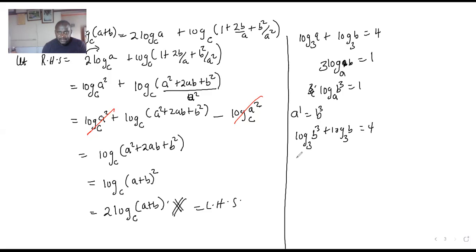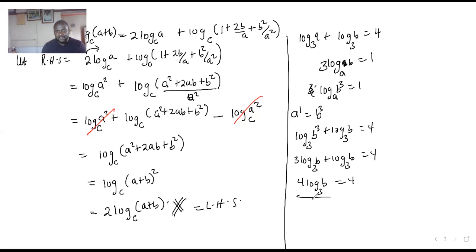We shall realize 3 log to base 3 of B plus log to base 3 of B is 4. With these numbers, we expect you to have all the laws and rules of logarithms at your fingertips. If you don't have them, you leave the number for logarithm, because you don't know when the rule will come in. So this gives me 4 log to base 3 of B is equal to 4.